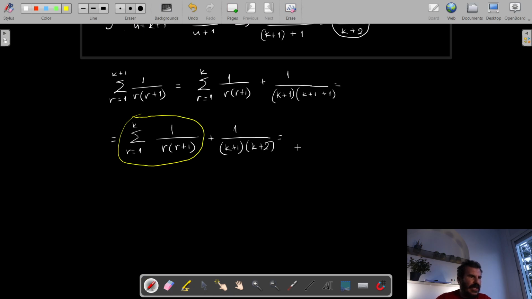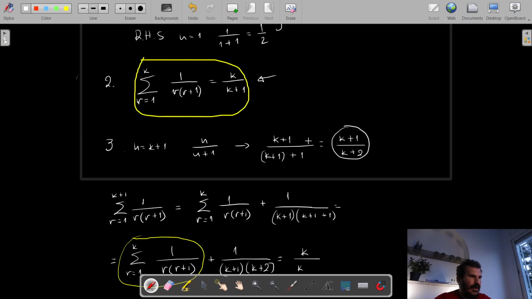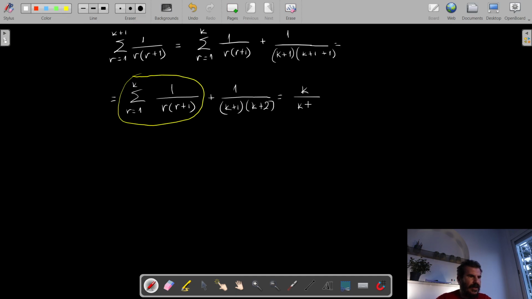So all this sum is equal to k over k plus 1, plus 1 over k plus 1 times k plus 2.